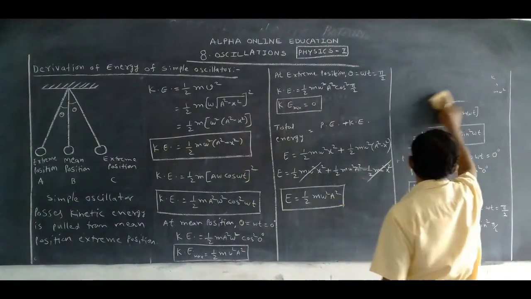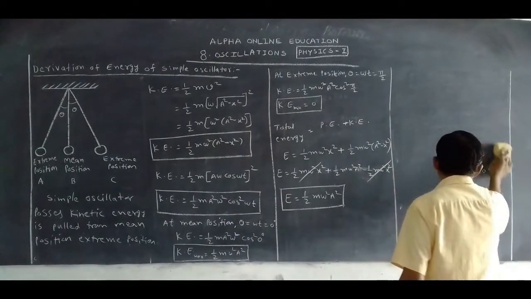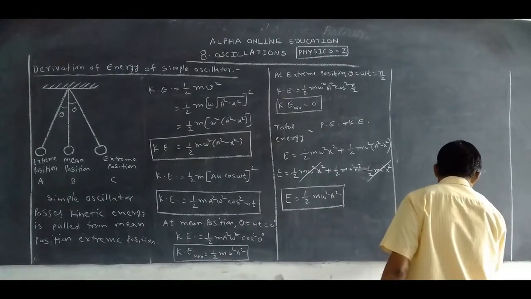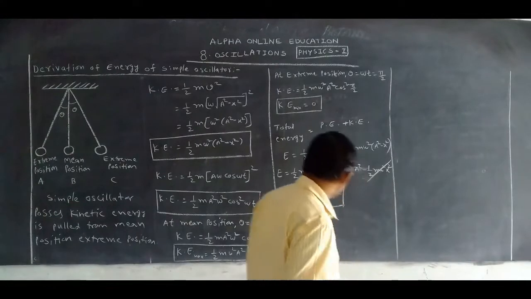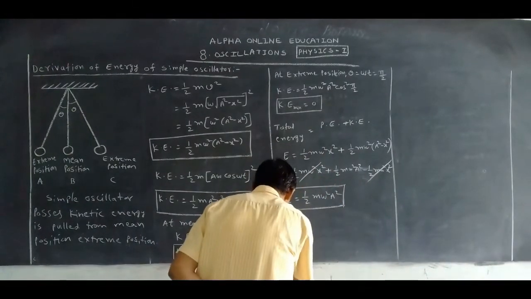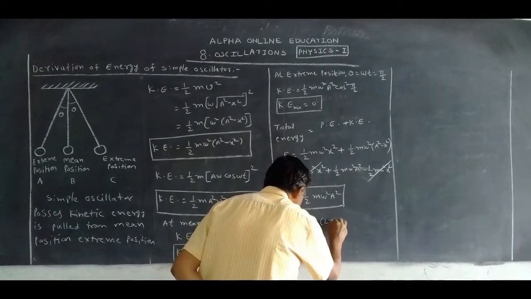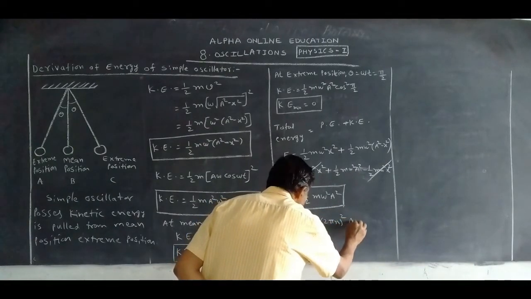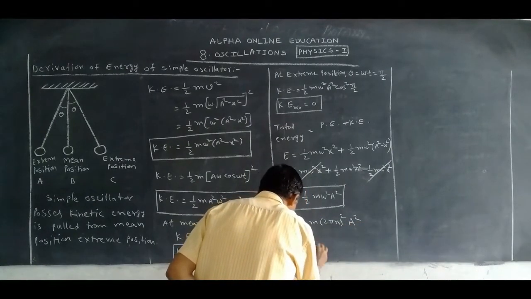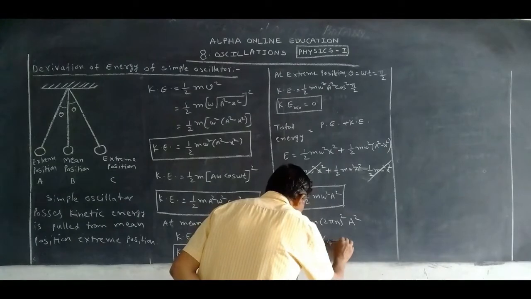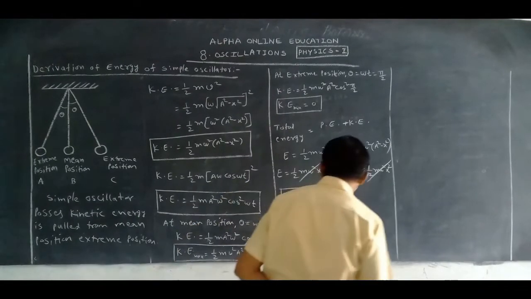What is the energy of the simple oscillator? Is equal to half m omega square a square. Now here it is half m, what is omega? 2 pi n square a square, is equal to half m 4 pi square n square a square.